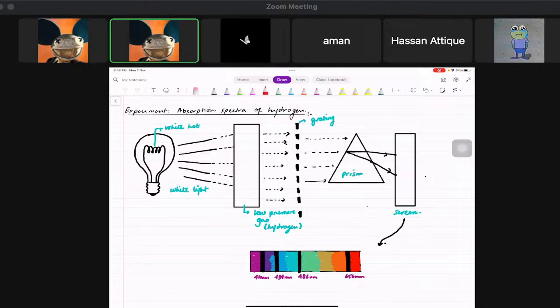And now we have a gas of low pressure, so it will only absorb the photons which are required to make higher quantum jumps for electrons. So it will absorb the corresponding photons and then let all others just go. And that is how black lines appear. Black lines appear means that these frequency or wavelength photons have been absorbed by the electrons to make higher quantum jumps. Do you guys understand this?